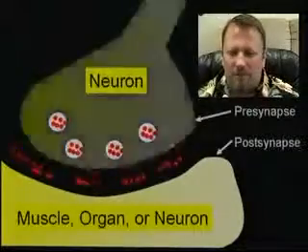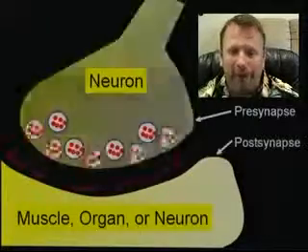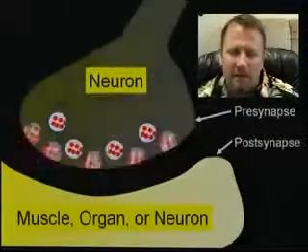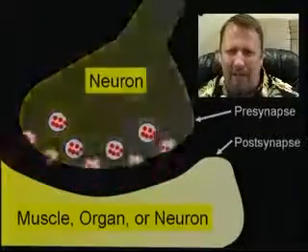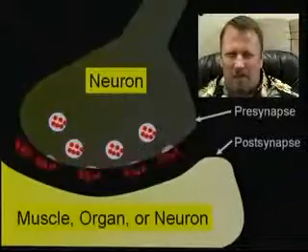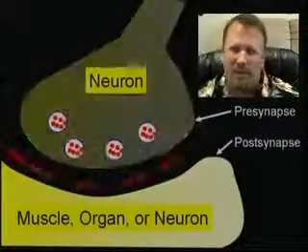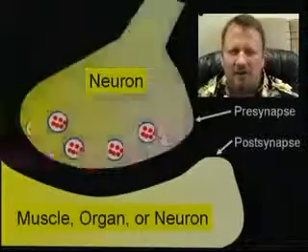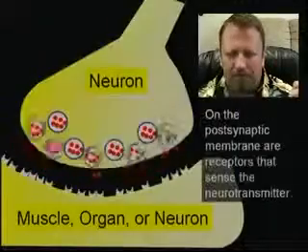Which gets us to these terms presynapse and postsynapse. You can see the presynaptic membrane is the one releasing the neurotransmitter, and the postsynaptic membrane is going to have some receptors that sense the neurotransmitter. The words presynaptic and postsynaptic are used all the time in pharmacology and neuroscience, and that's just what those terms refer to.